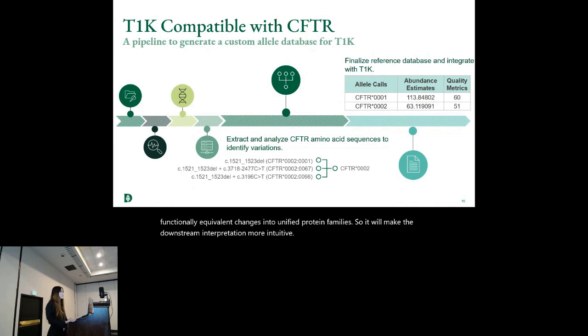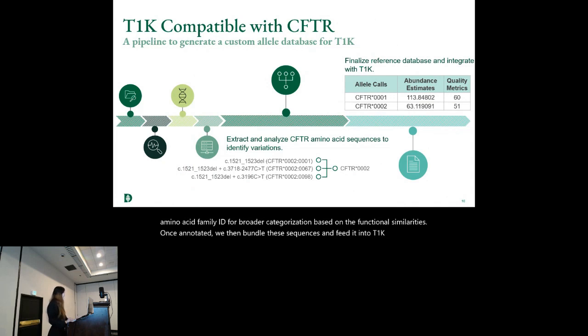Each allele is also assigned a unique allele ID, which helps to track and reference the specific variant. However, users also have the flexibility to select the amino acid family ID for broader categorization based on functional similarities. Once annotated, we then bundle these sequences and feed them into T1K.